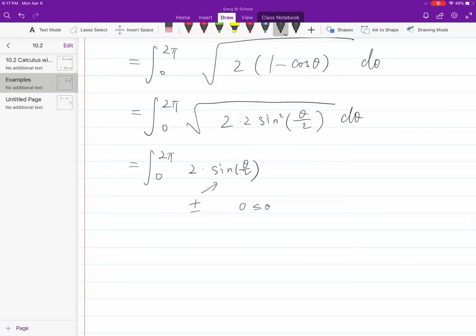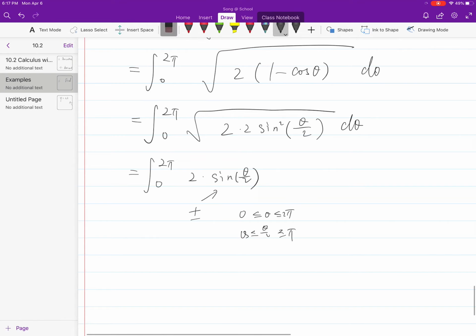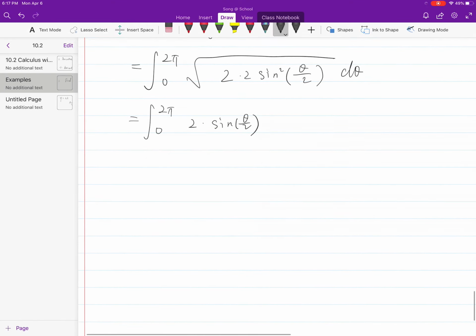Now if we take the square root, we have this one. We do have a plus minus choice, but your theta is from 0 to 2 pi, so your theta over 2 is from 0 to pi. Now what about sine? An angle between 0 and pi is always positive, so we don't have to worry about anything.